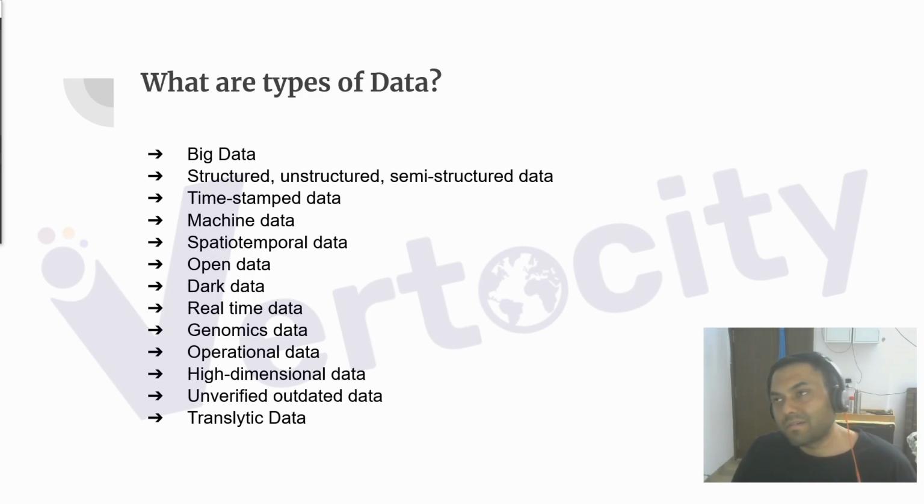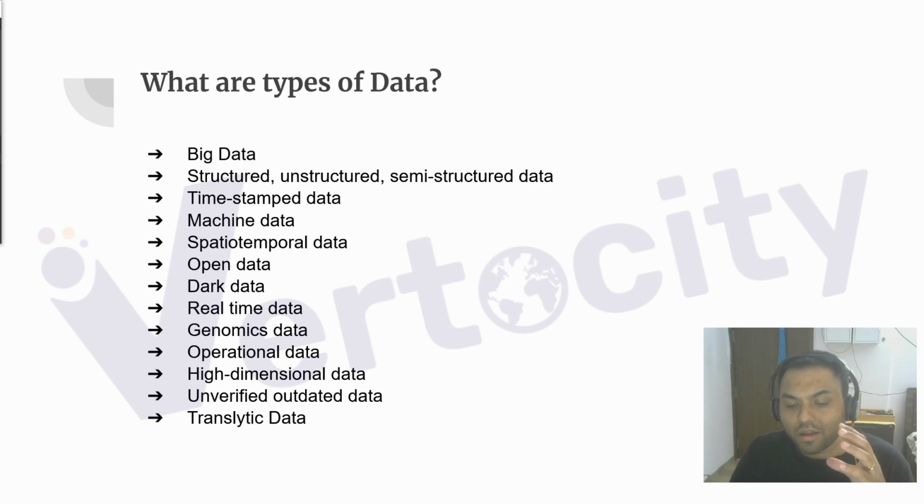Now guys, I had gone through this previously, what are the different types of data that you usually encounter today. There are three main broad categories: the structured data, the unstructured data, and the semi-structured data.